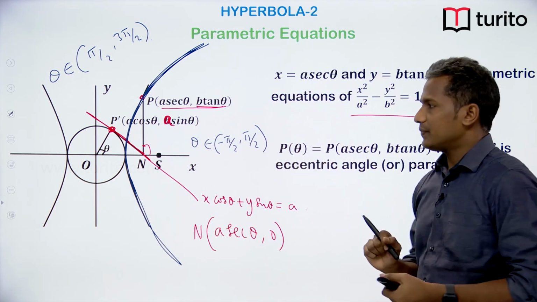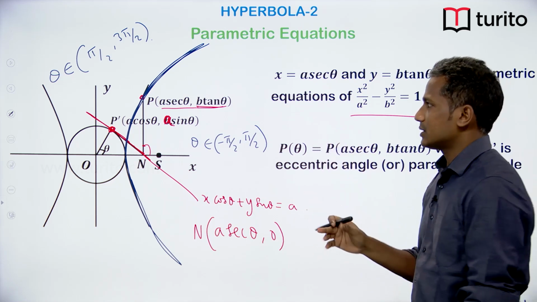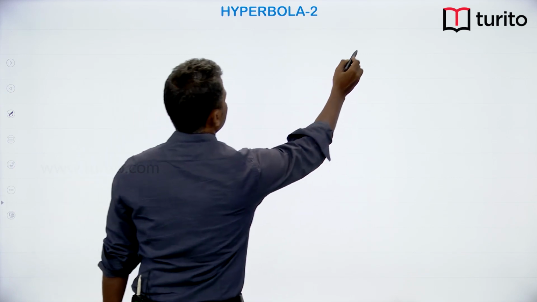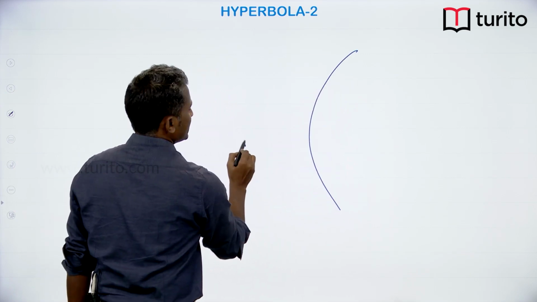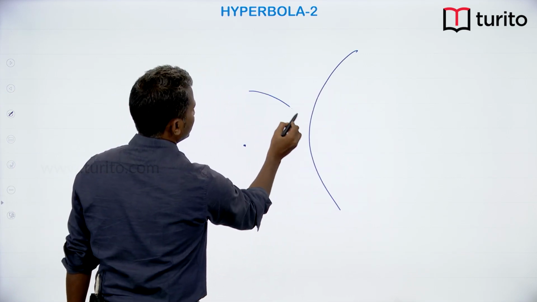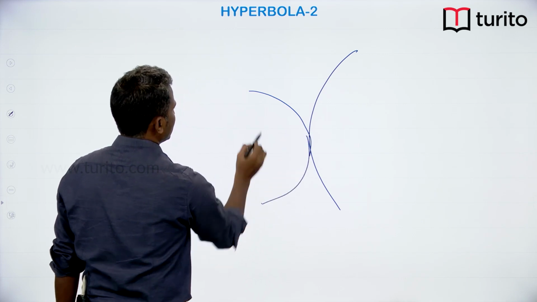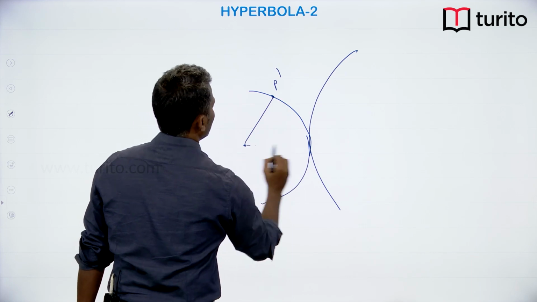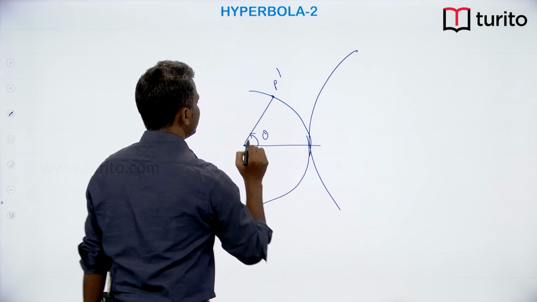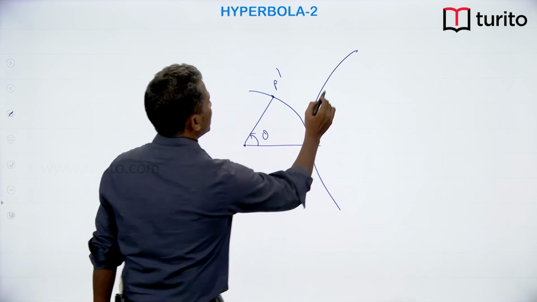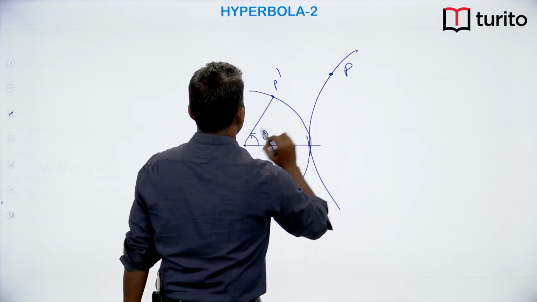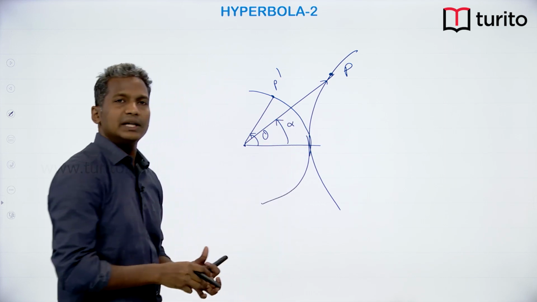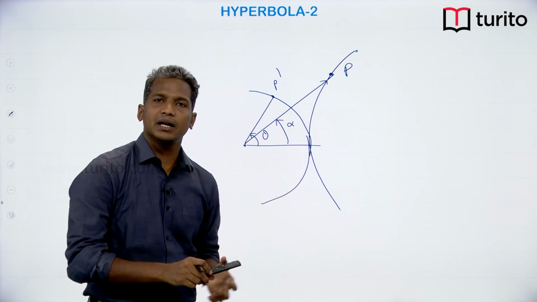Now, there is another point that you can notice. Suppose there is this hyperbola, this is the center of the hyperbola, and we have the eccentric circle here. The P dash point is making an angle of theta with the positive x axis, and if P is somewhere here, making an angle of alpha, we can definitely get the relation between theta and alpha.